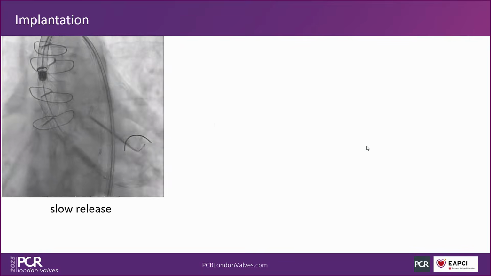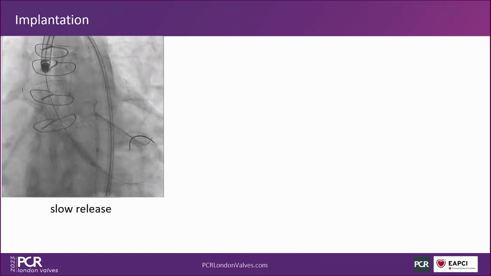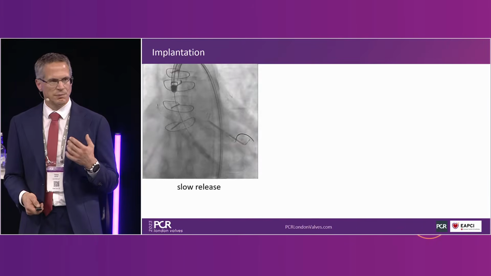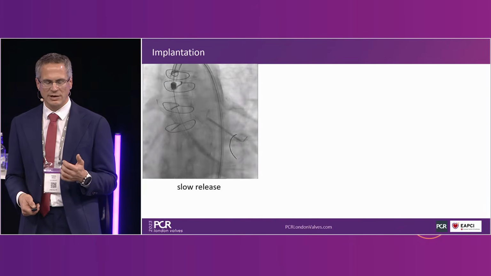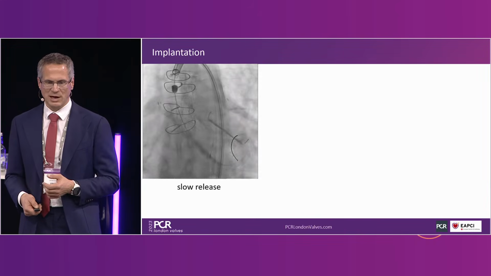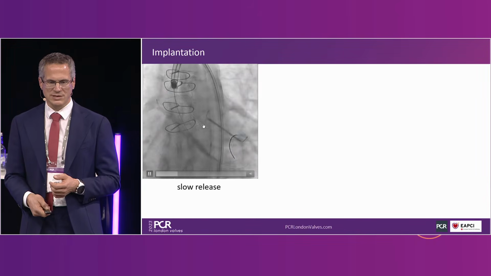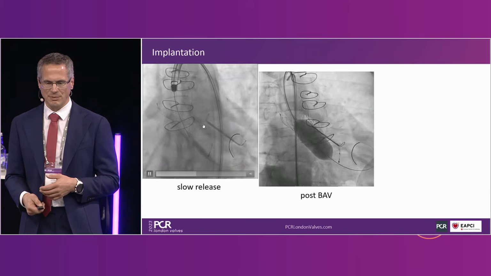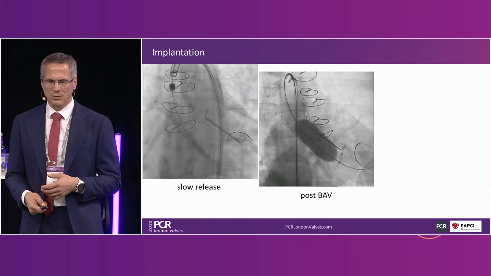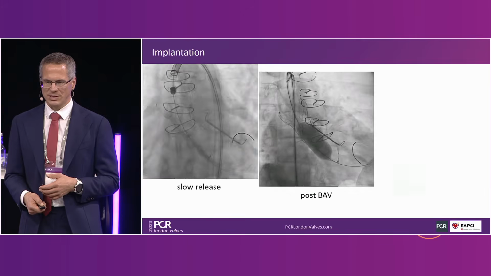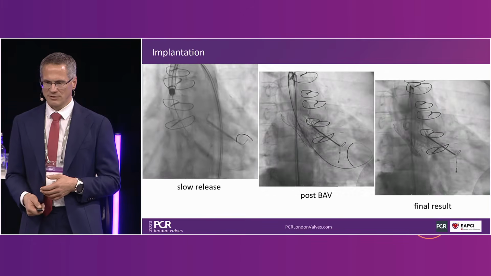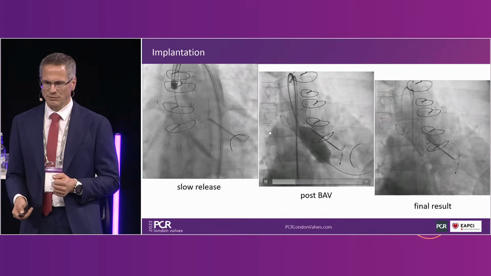In this case, we were satisfied with the position, slow release, no push or pull on the wire, fast pacing if you like. We weren't satisfied with the expansion and the inflow, and we saw some mild aortic regurgitation. We did the post-BAV with a 24 millimeter balloon, and this is the final result.